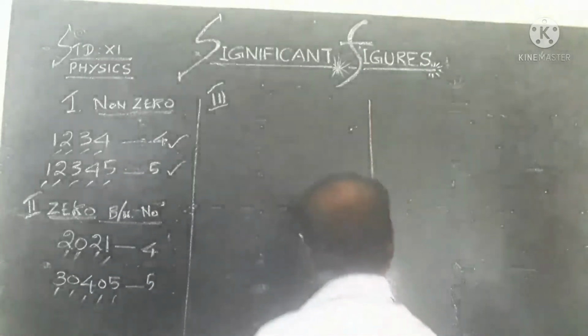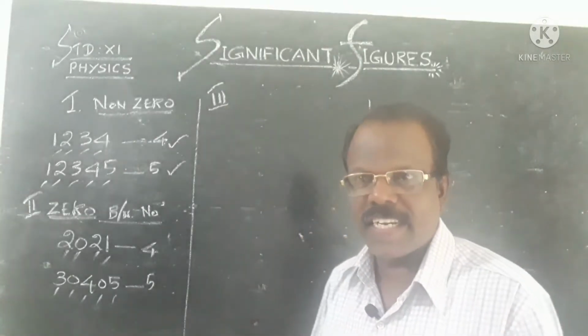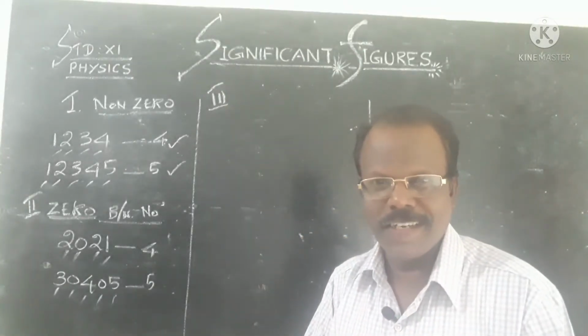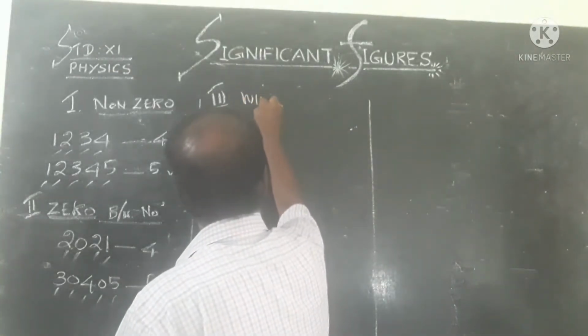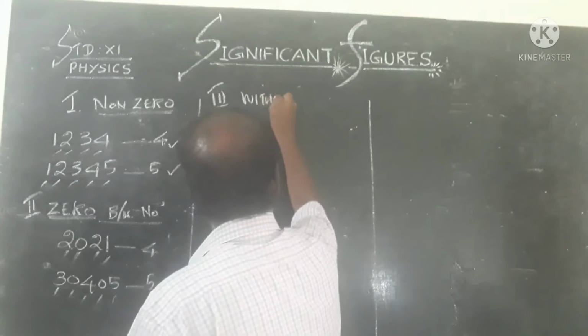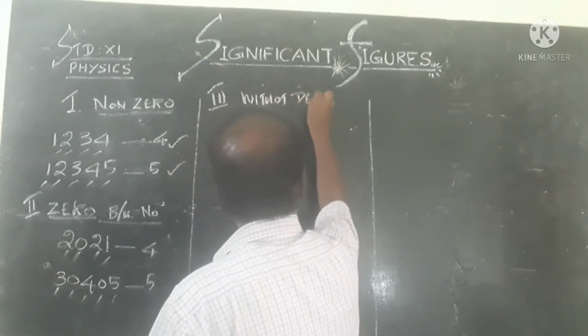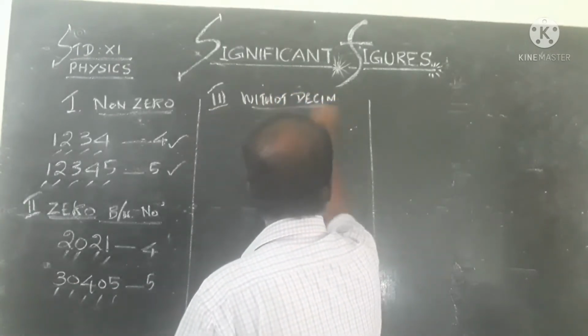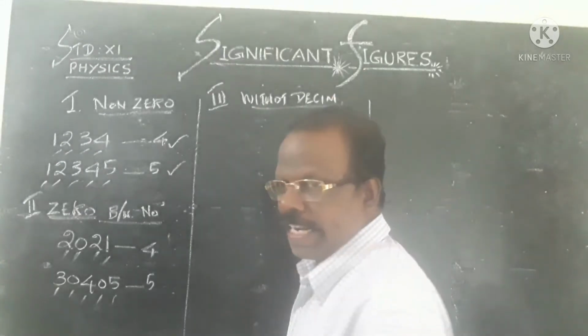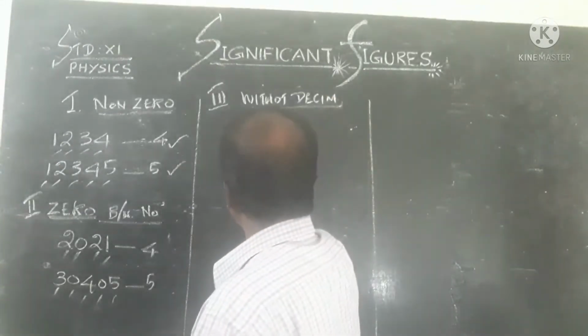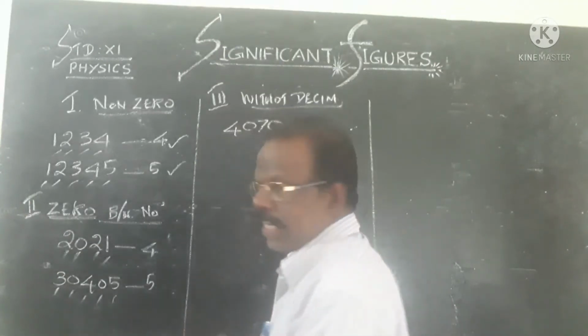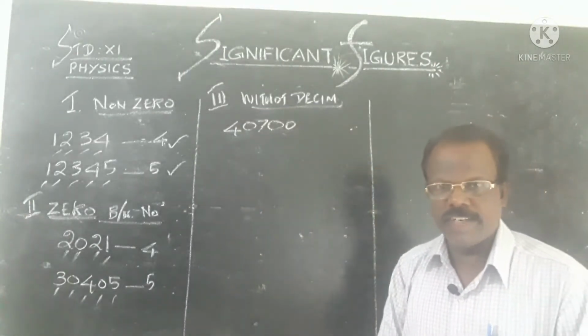Now the third rule: zeros present at the end, without a decimal number. Please listen here. For example, one number is 40700.